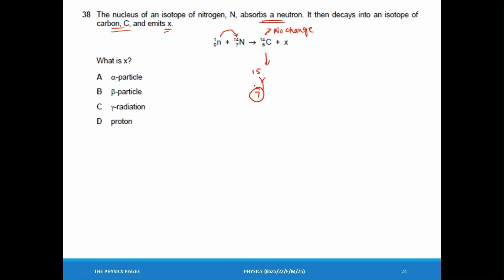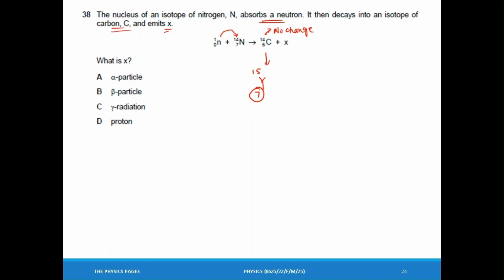So it means that when this is happening, there is a particle released which is not going to increase the number of neutrons or protons.